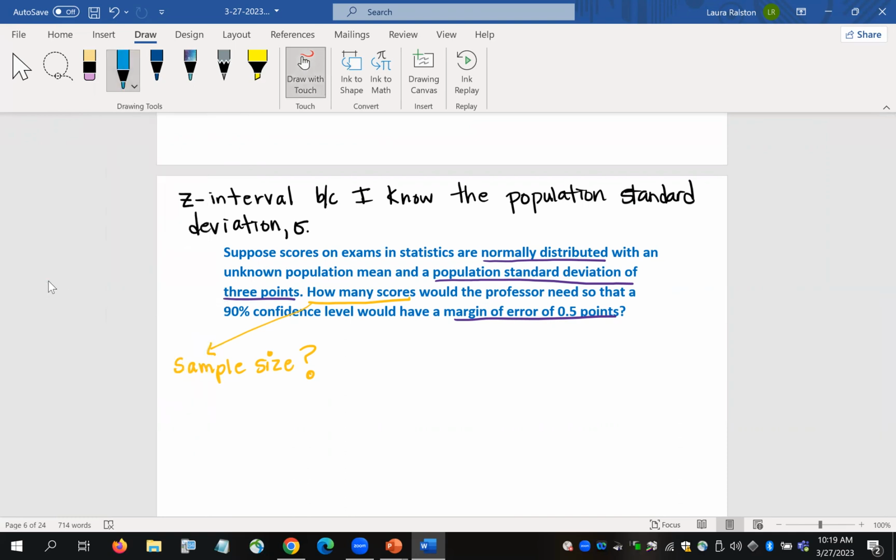The sample size equals my critical value, that's going to come from the table, times the standard deviation divided by the margin of error, and that's squared. And guys, two of the numbers are given in the problem, and we get the critical value from the table.